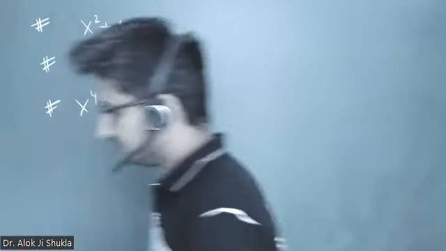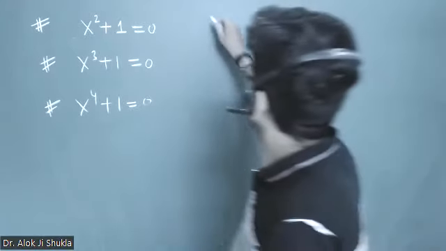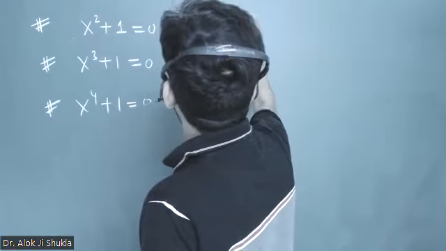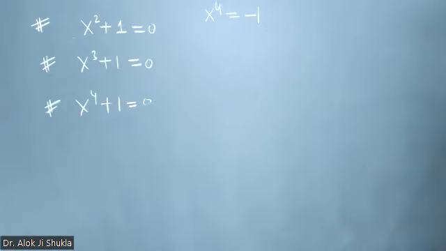What is this? X to the power 4 is equal to minus 1. What will this become?